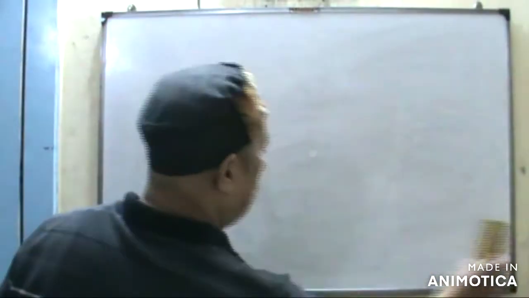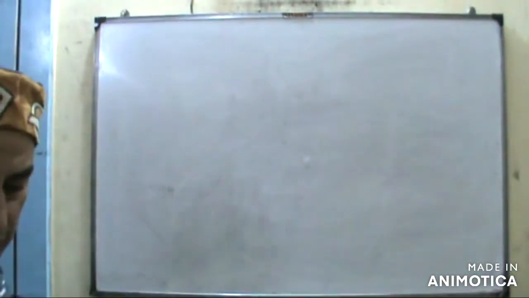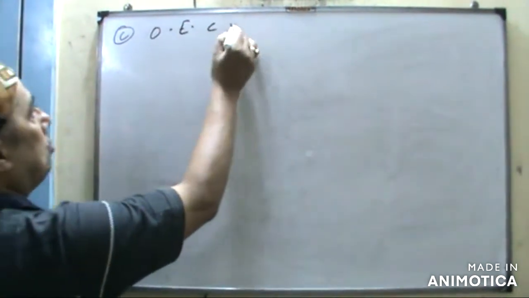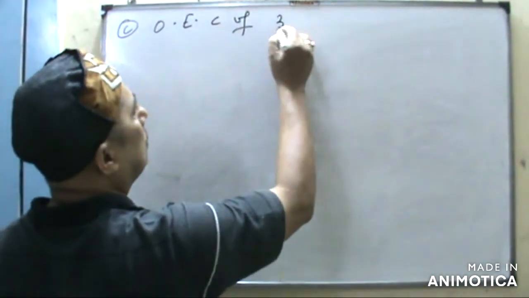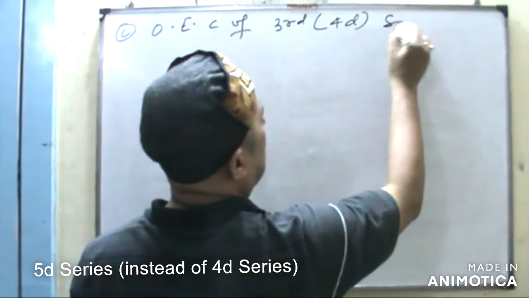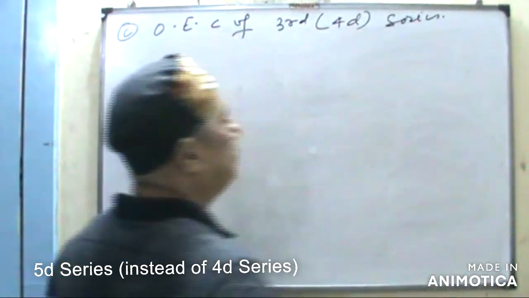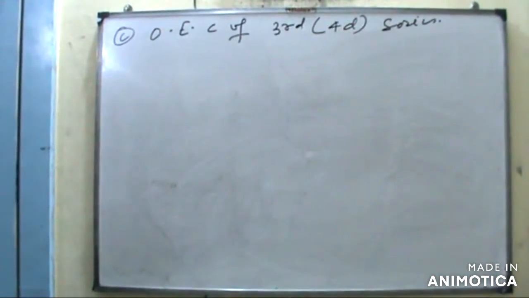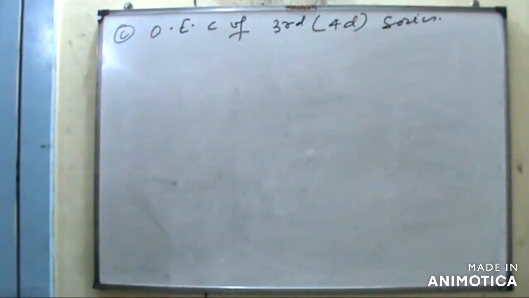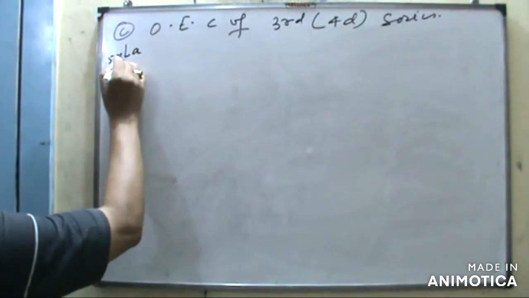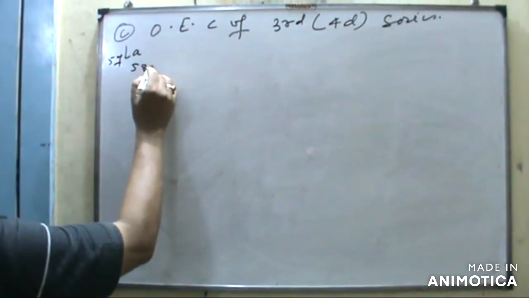Outer electronic configuration of the third transition series, the 5d series. Right. So the 5d series starts from lanthanum. You remember this is lanthanum, 57, and you remove 58 to 71.